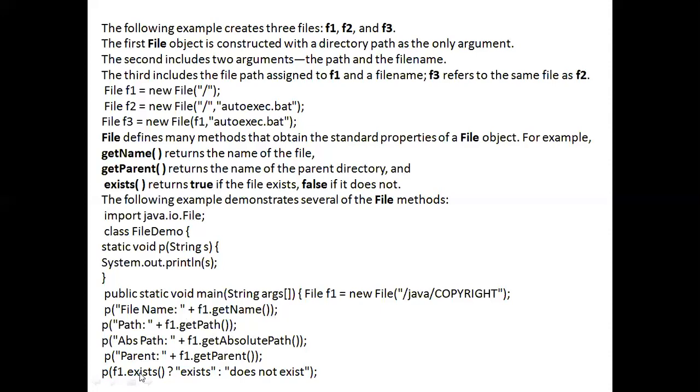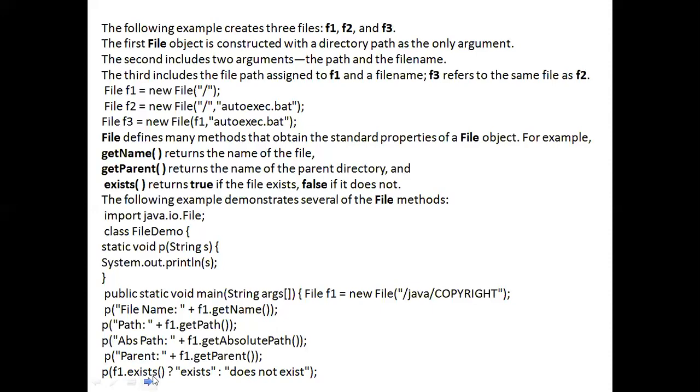f1.exists. If the file exists, then it is going to display "exists". If f1.exists is not true, then "does not exist" is going to be displayed. So this is a conditional statement. Expression question mark, statement colon, another statement.